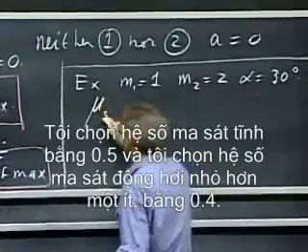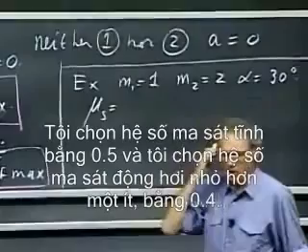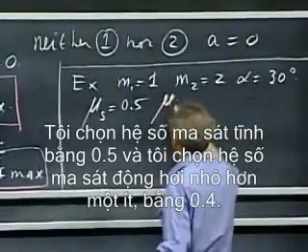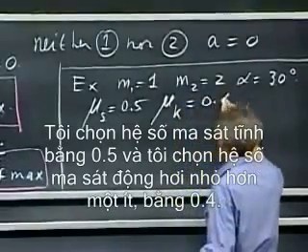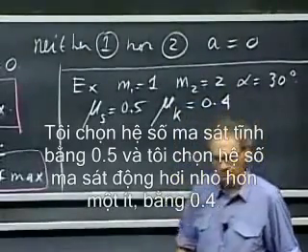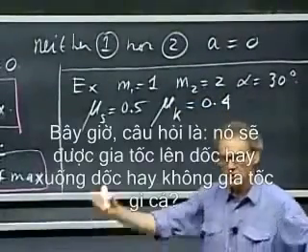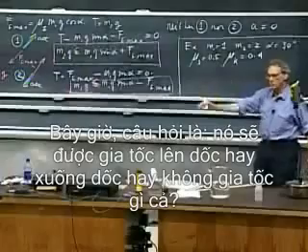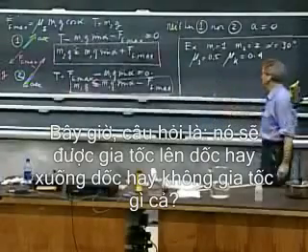I take a static friction coefficient, which is 0.5. And I take a kinetic friction coefficient, which is a little less, which is 0.4. The question is now, is it going accelerated uphill, or accelerated downhill, or no acceleration at all?